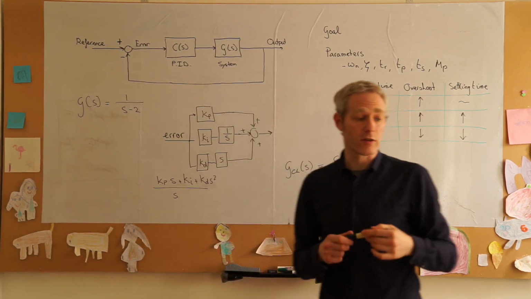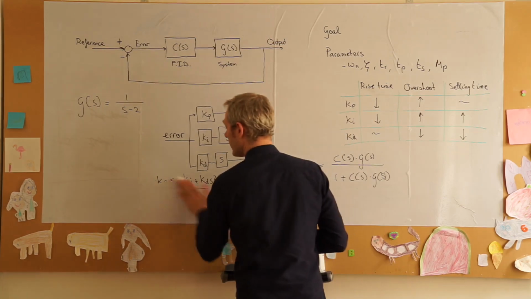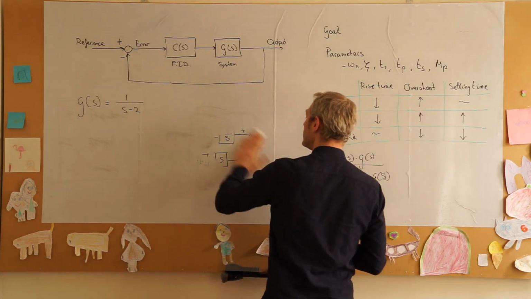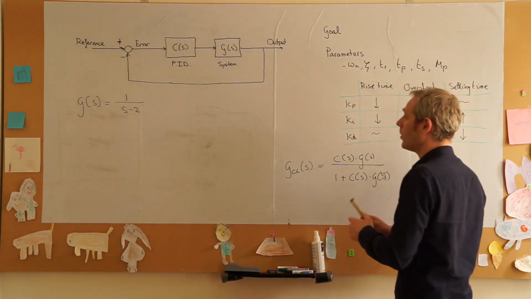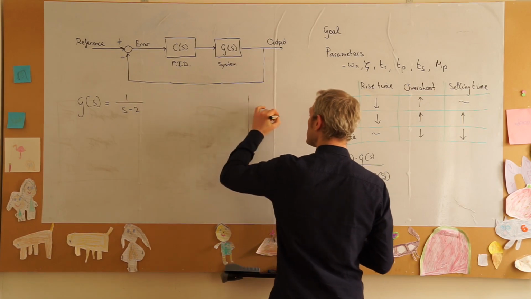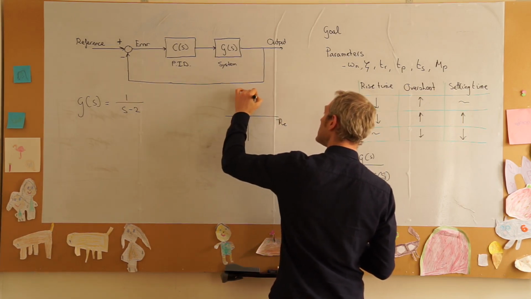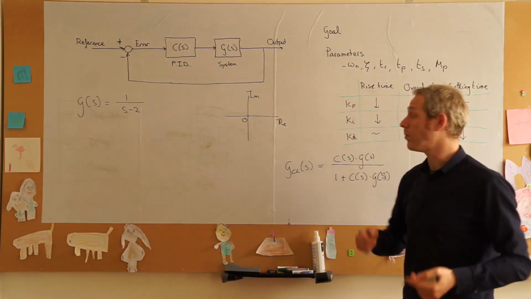So this is a first order system. It is not very fancy, but the question is, is it stable? Well, to look at stability, we have to look at the poles in our complex plane. So here we have the real axis, here we have the imaginary axis, and the origin, and where does our one pole lie?